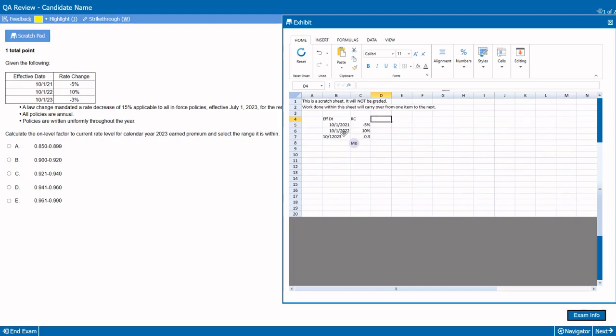And I'm going to calculate a rate index from that. And I'm also going to add the rate change for July 1st, 2023, which is on all earned premium after July 1st, 2023, of minus 15%.